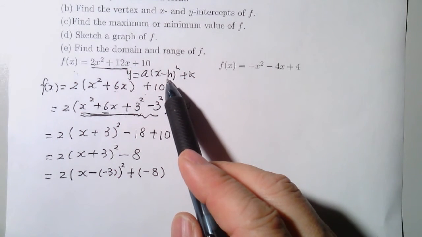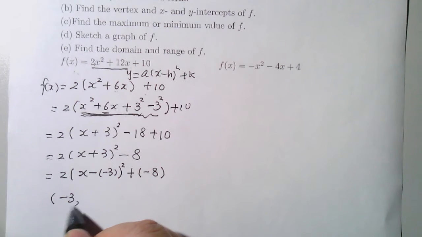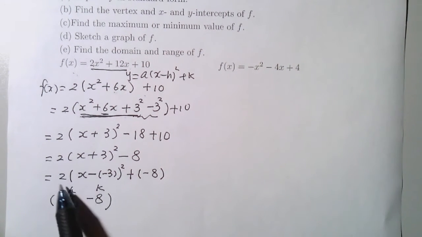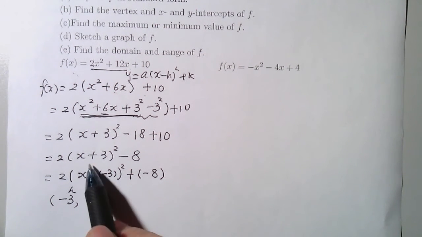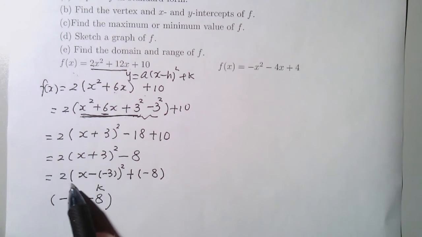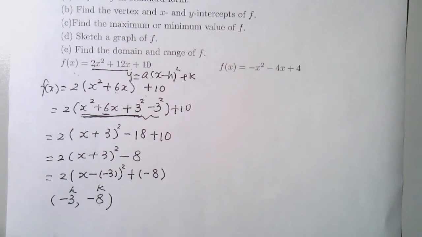Comparing, you can see your h is negative 3 and your k is negative 8. This is the h, this is the k. Either way of writing it is fine, but here we want to identify h and k so we can easily write down the vertex. So we got the vertex here. This is the vertex.